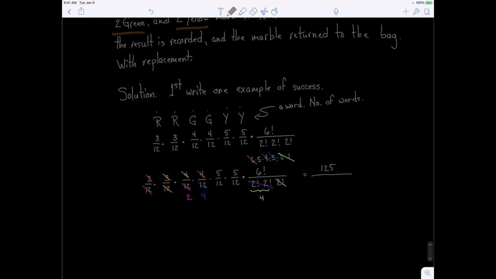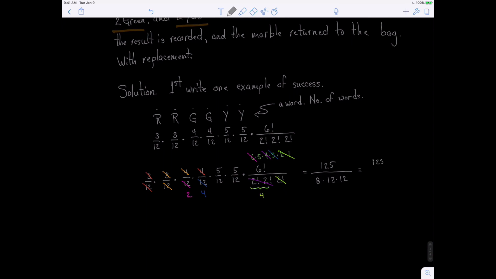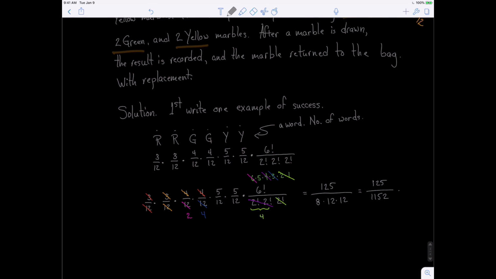And in the denominator I have a 2 times 4, that's an 8, times a 12 times a 12. I don't think there's any more reducing we can do. So 8 times 12 times 12 gives me 125 over 1,152. And that is the probability of pulling 2 red, 2 green, and 2 yellow marbles from the bag with replacement. That's the important part.